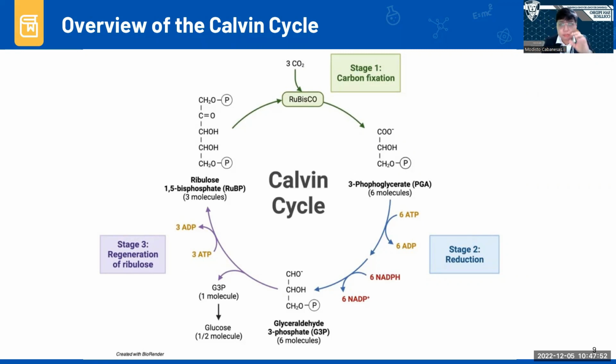So, to discuss lang some overview about the phases, ang stage 1 or carbon fixation, by the name itself, we were trying to fix carbon molecule doon sa already existing na molecule called RUBP. Okay? Ganito kasi yan. Sa isang Calvin cycle, may isang molecule na ma-regenerate or talagang babalik siya or readily available.